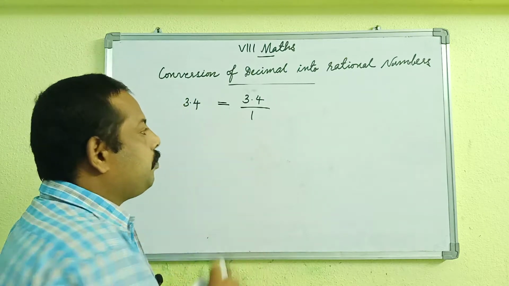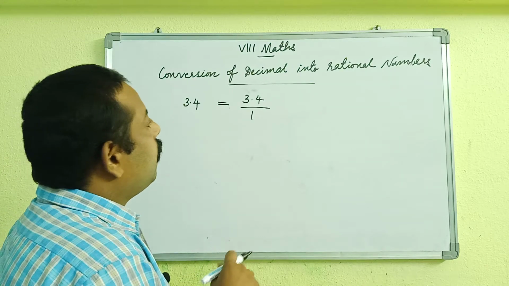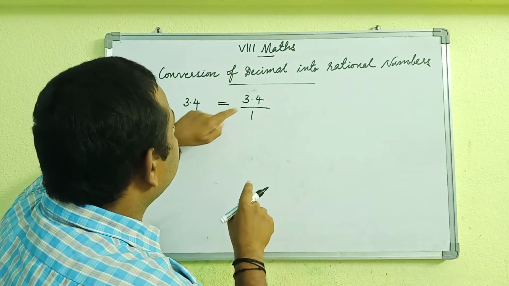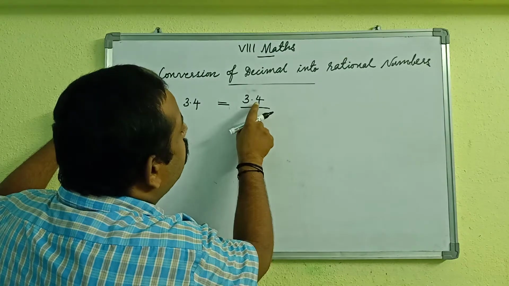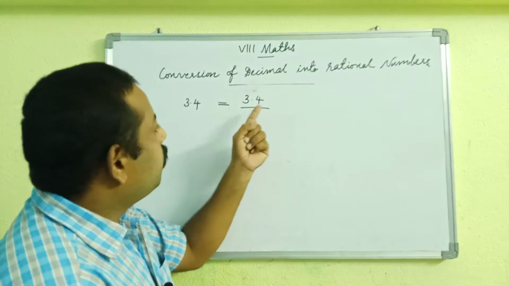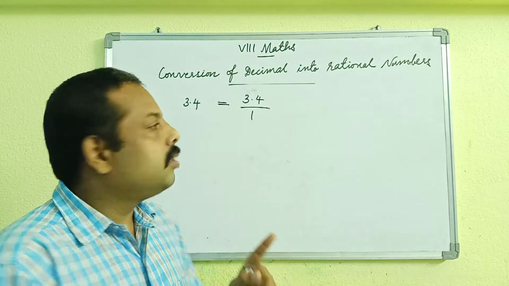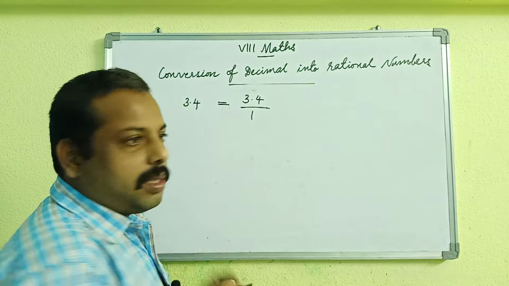Now let us learn the technique. You know that we have one decimal place. Listen very carefully. Count the number of decimal places. We have one decimal place.